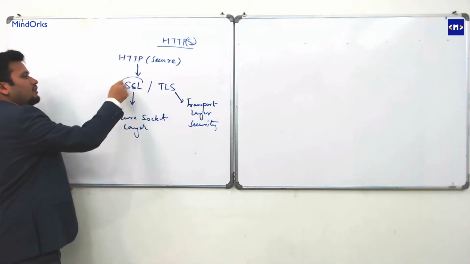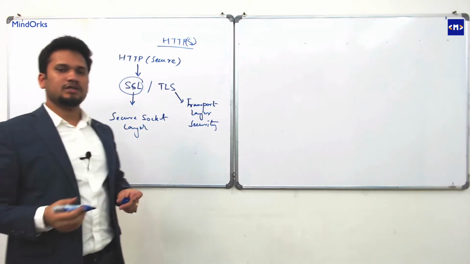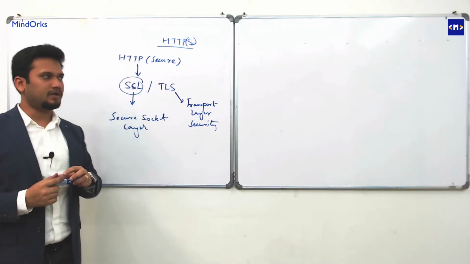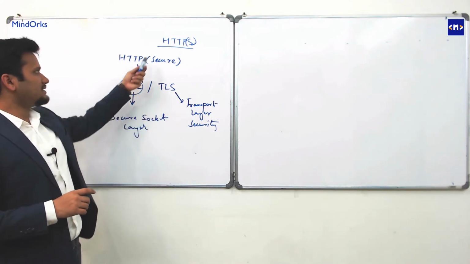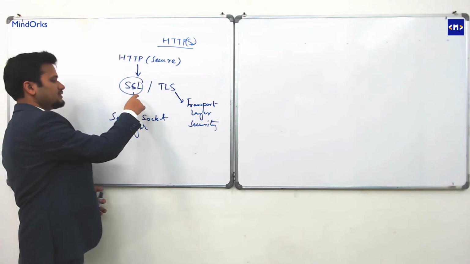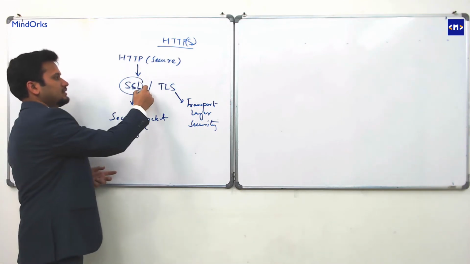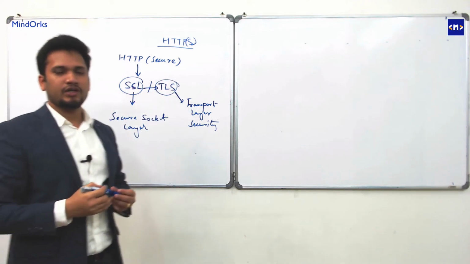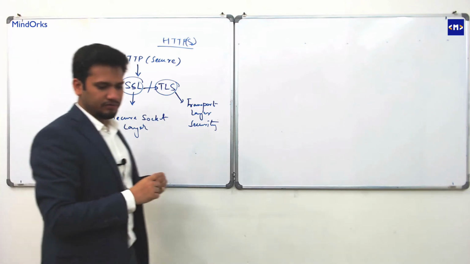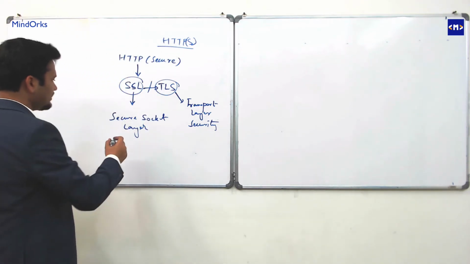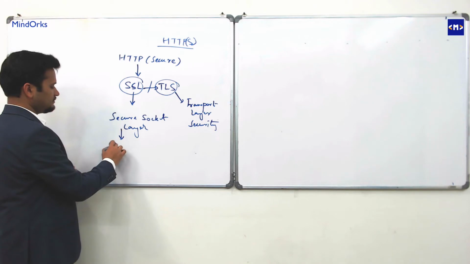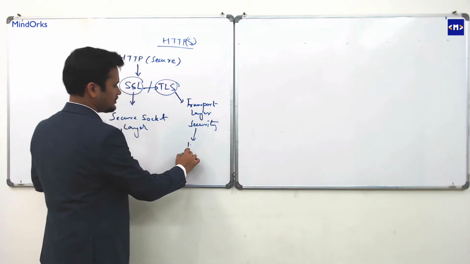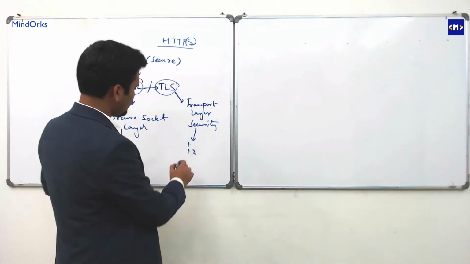SSL was used before to send something in an encrypted format, and now HTTPS uses the same principle, developed further over SSL, that is Transport Layer Security. What essentially it is, I'll explain now. Just to mention, the latest SSL version is 3, and for TLS the secure versions are 1.1 and 1.2.